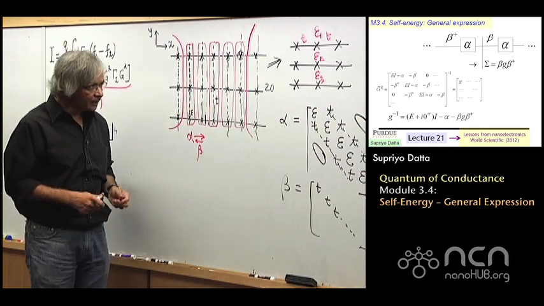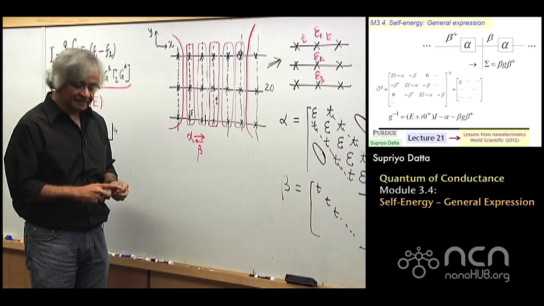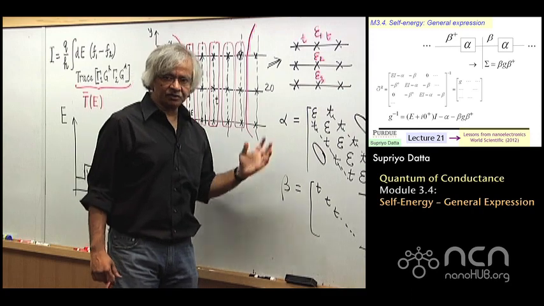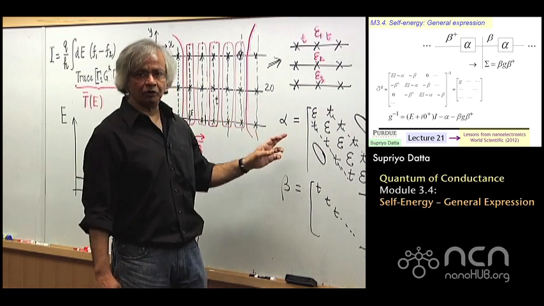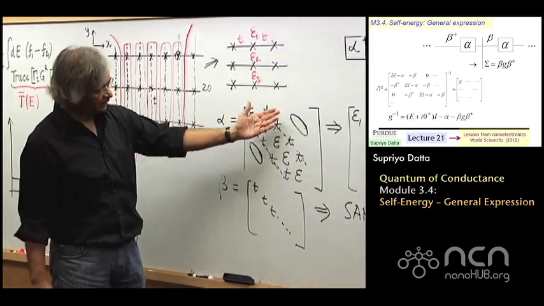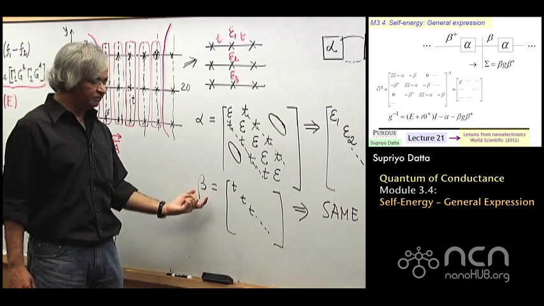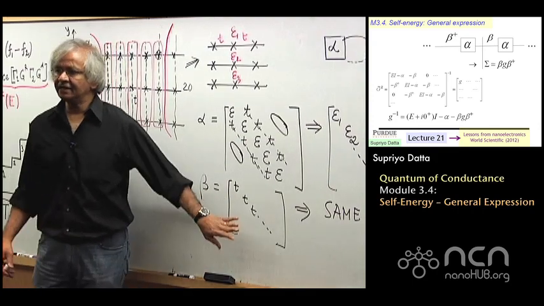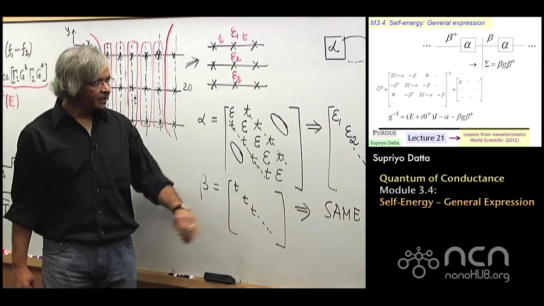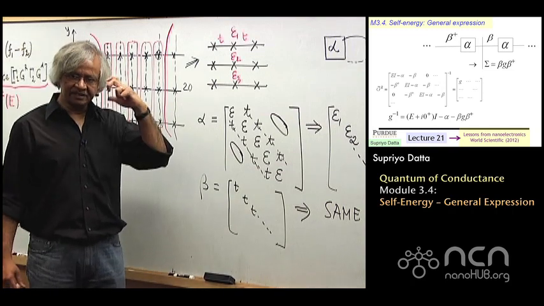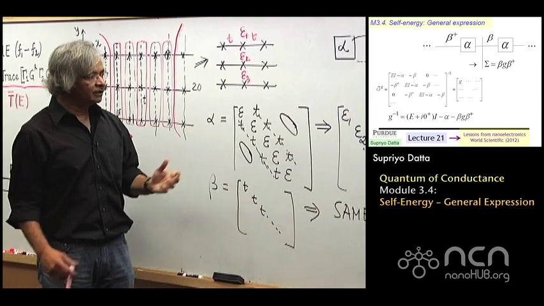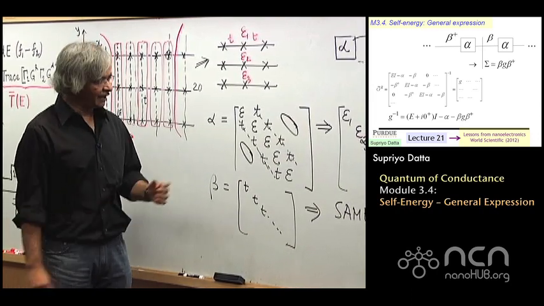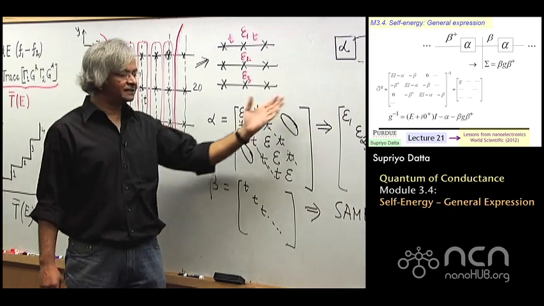But the alpha itself is now a matrix whose size depends on how many lattice points we have along the width. In the last module, I said that in this particular case, if you wrote down alpha, it would look something like this. And beta has a particularly simple form, in the sense that it's an identity matrix. Conceptually, you could do a basis transformation which will diagonalize alpha.